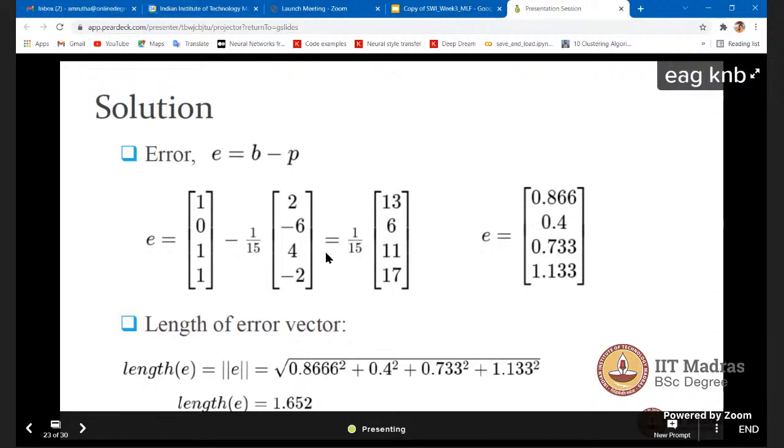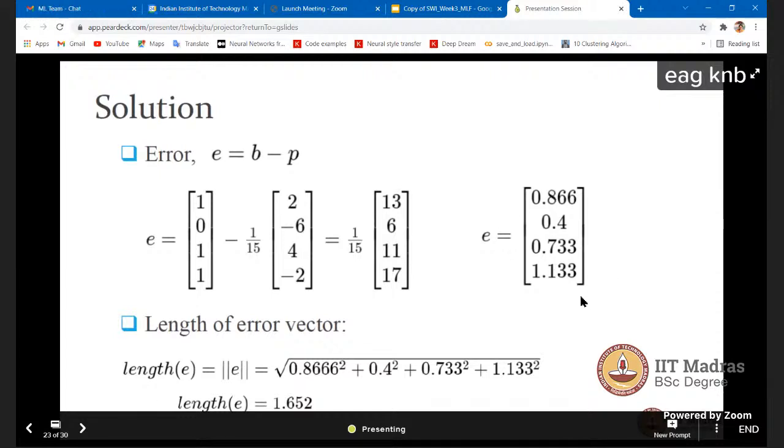When you subtract these two vectors, with 1 by 15 as a common factor, here 15 minus 2 is 13, 0 minus of minus 6 is 6, 15 minus 4 is 11, 15 plus 2 is 17. Bringing this 1 by 15 into this vector, you get this form for the error vector.